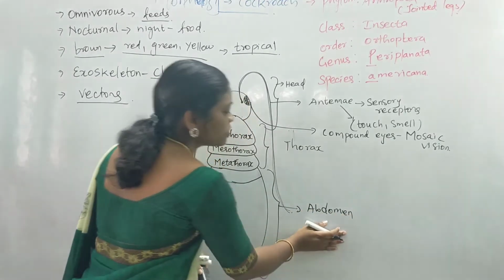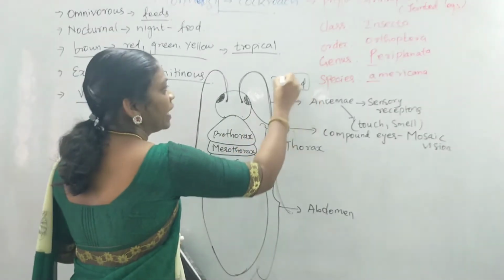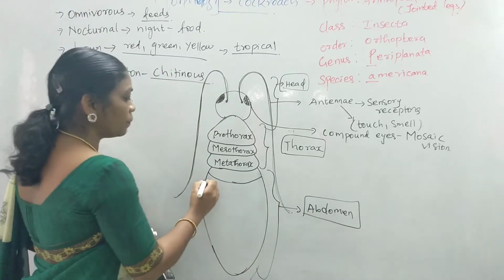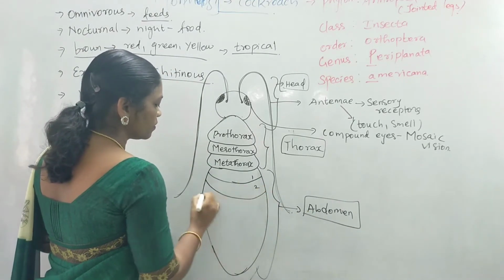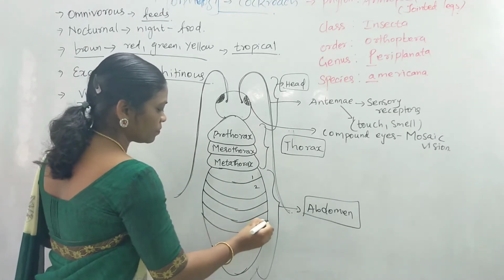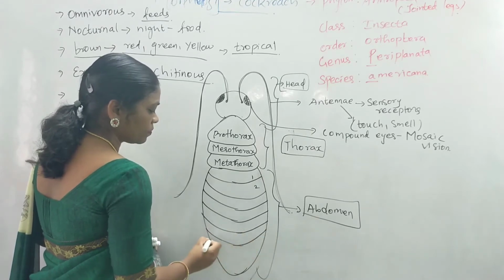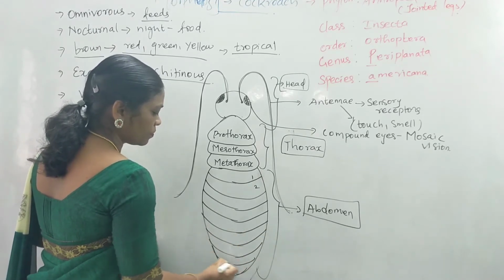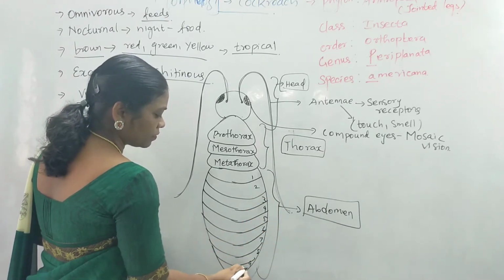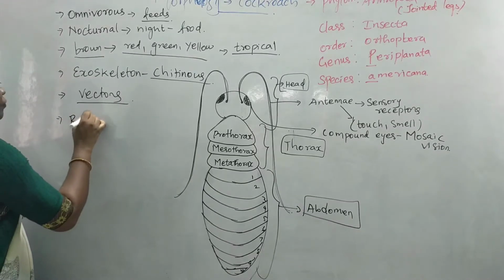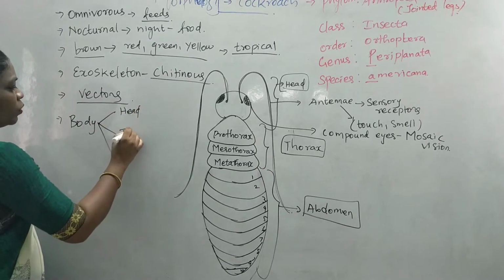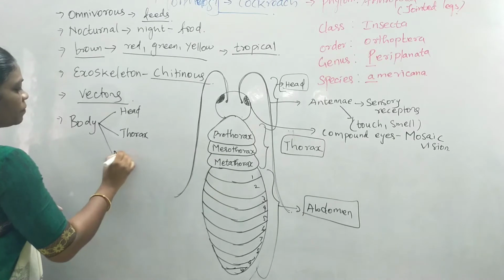So the body of cockroach is divided into head region, thorax region, and abdomen. I'm just numbering the segments.